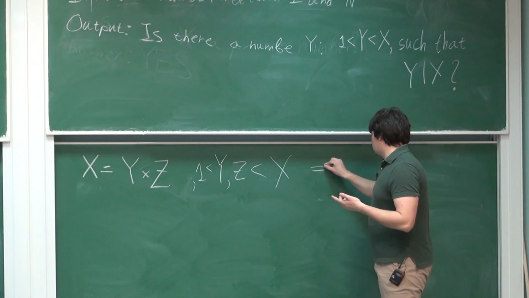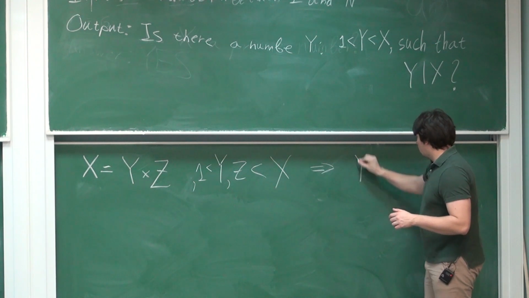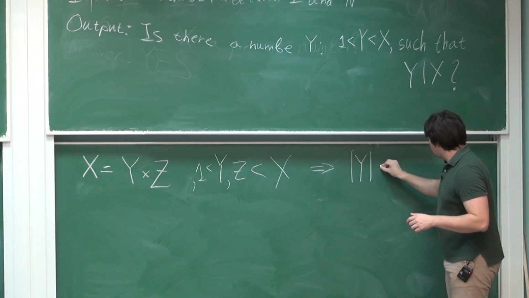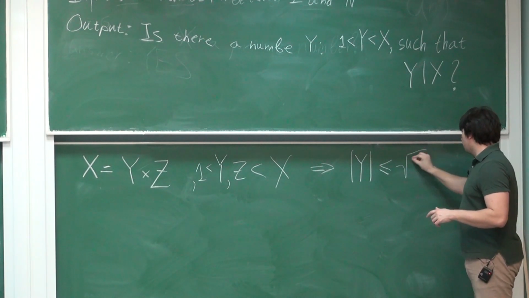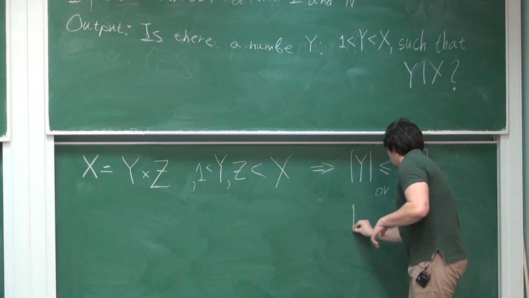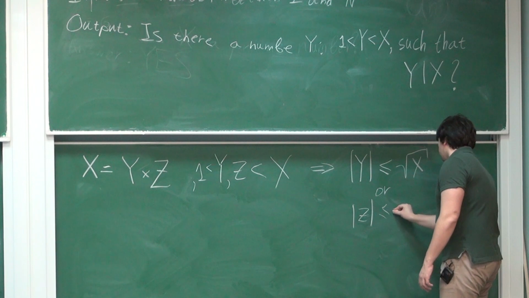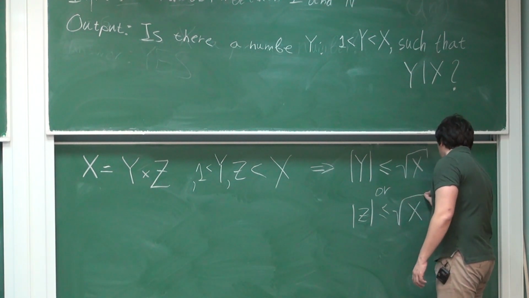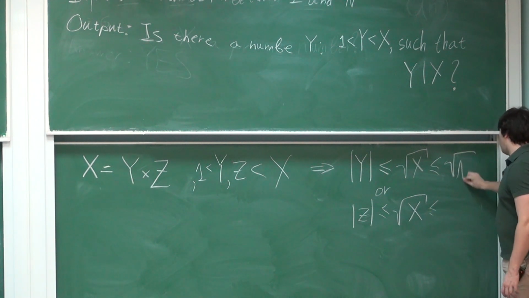So that means that either y is less than or equal to the square root of x, or z is less than or equal to the square root of x, which is no more than the square root of n.